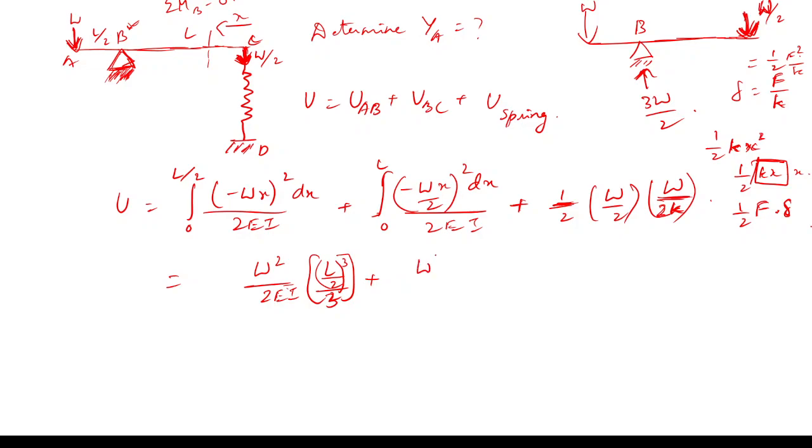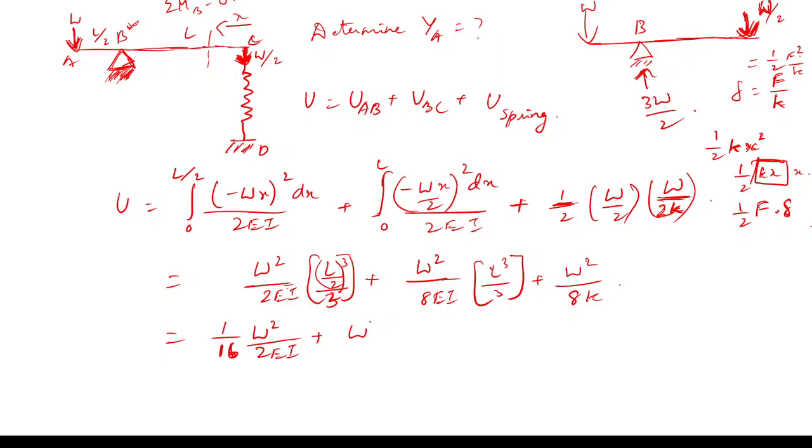And here if I write this W square by 4, 8 EI, here also it will be x cube by 3, right? So it will be L cube divided by 3, plus W square divided by 8k. So here I have this 1 by 16. Okay. W square by 2 EI plus W square L cube by 24 EI.